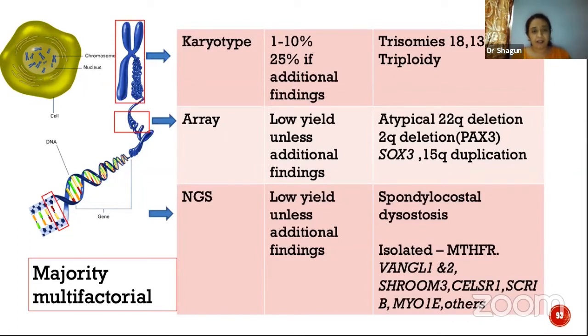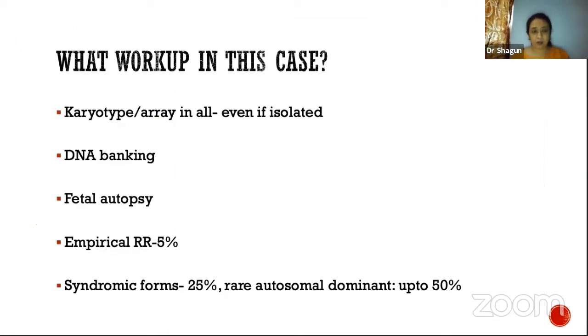But here usually microarray or NGS tests are not really required because the yield of these is likely to be extremely low. But definitely at least we should be doing a karyotype, and if the patient can afford it, an array can also be offered.